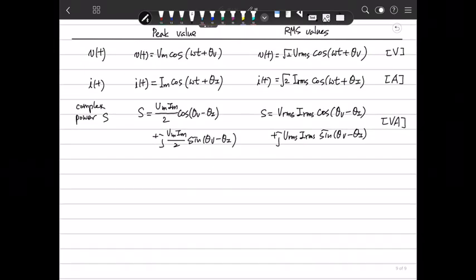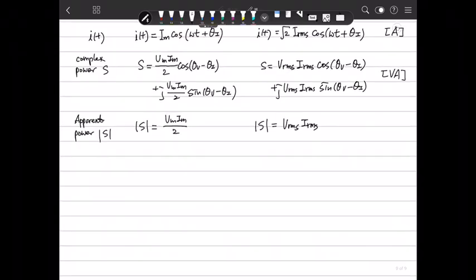Then you can represent the apparent power, which is the magnitude of complex power. So that is the magnitude Vm Im divided by 2. If you represent this value in RMS, then apparent power is V RMS I RMS.